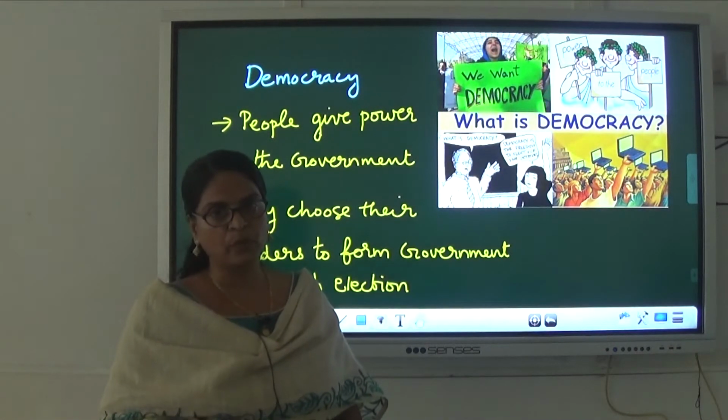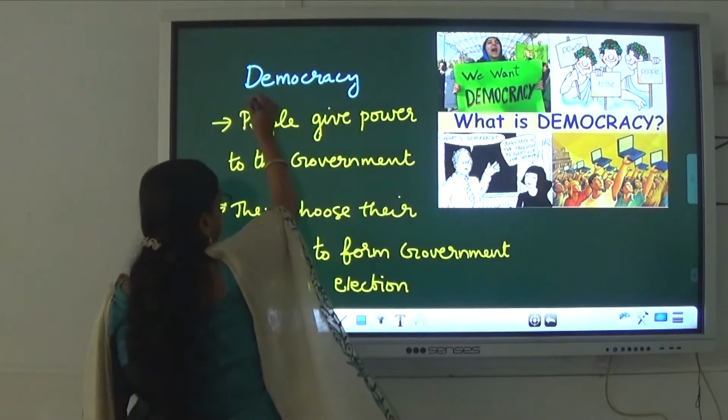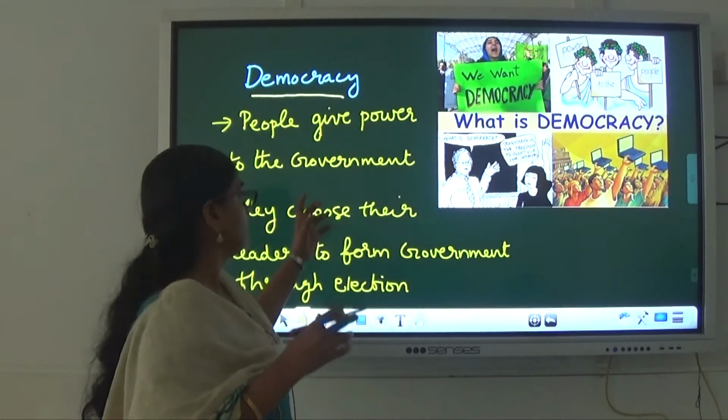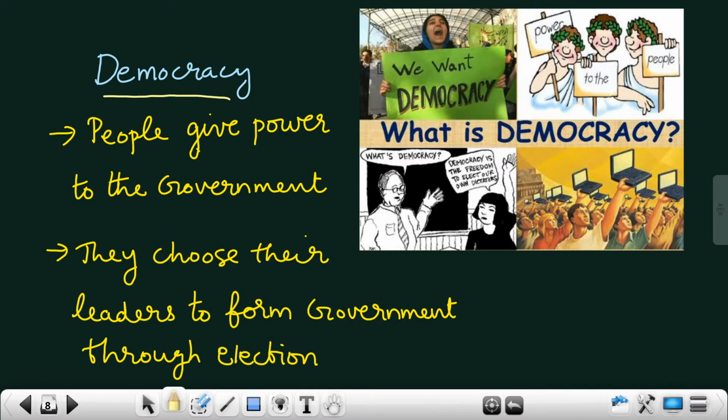Now, what is democracy? What do you mean by democracy? Children, it is the rule of the people. People give power to the government to make laws and do their duties. People choose their leaders and they form the government.